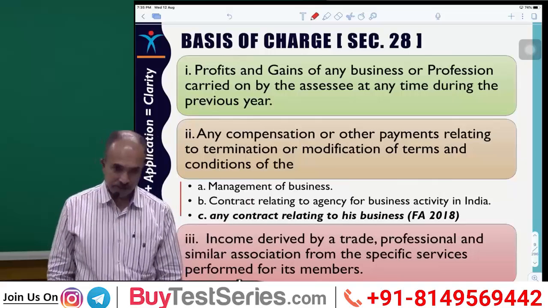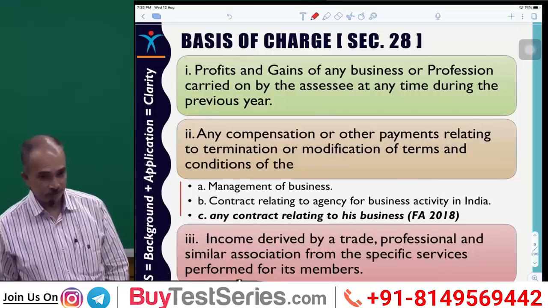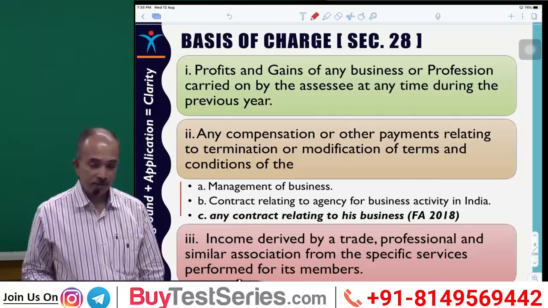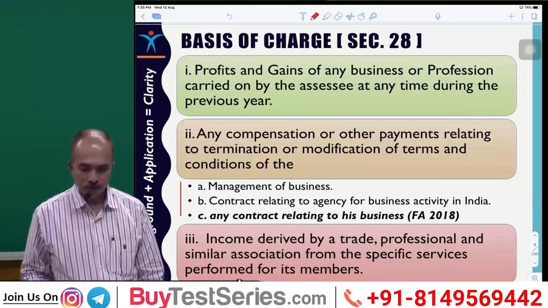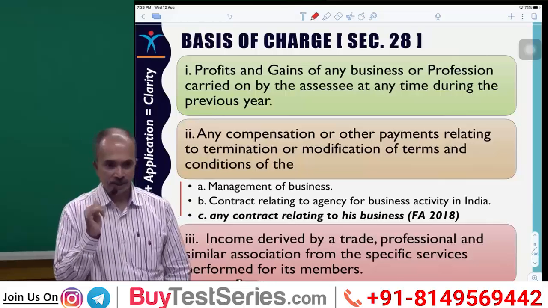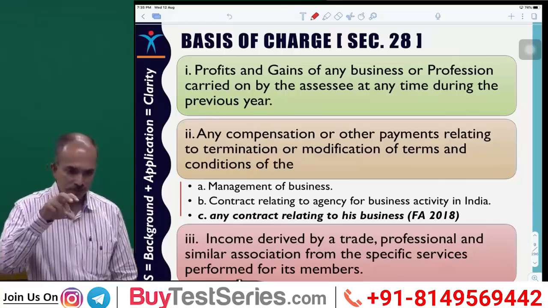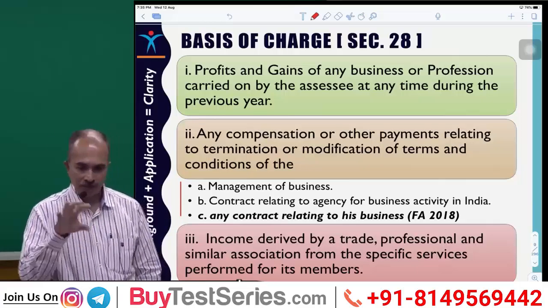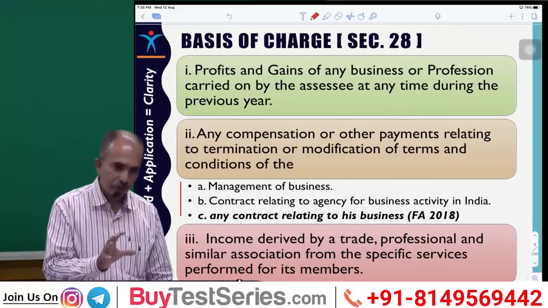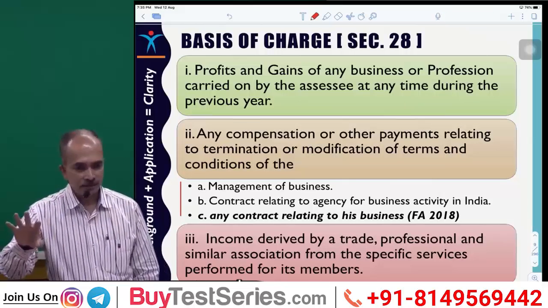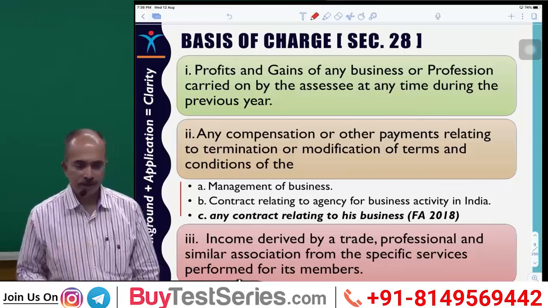One fine day, the company says the market is growing fast, but we find you are unable to manage the entire territory. So the agency you have, we would like to reduce the territory. We'll divide Eastern Maharashtra and Western Maharashtra. Eastern Maharashtra territory you keep, Western Maharashtra we will give to somebody else, or something like that.